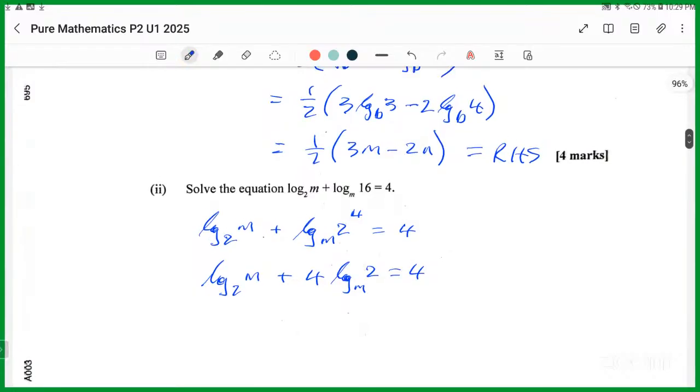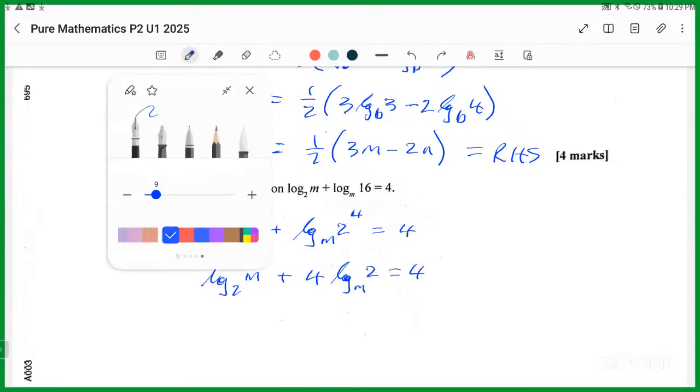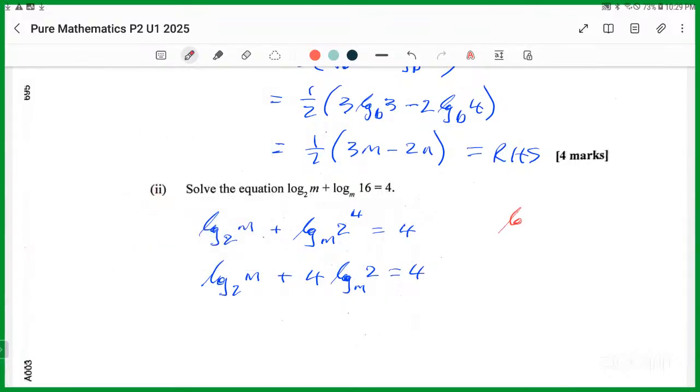And now I can use the reciprocal law in logs. It's a change of base rule, but it goes like this: log of a number to a base is 1 over log of the base to the number.